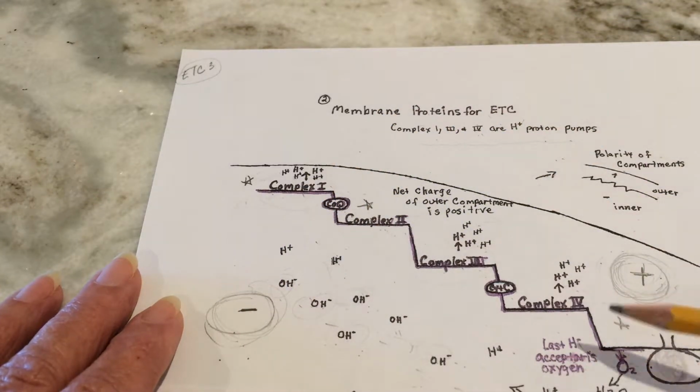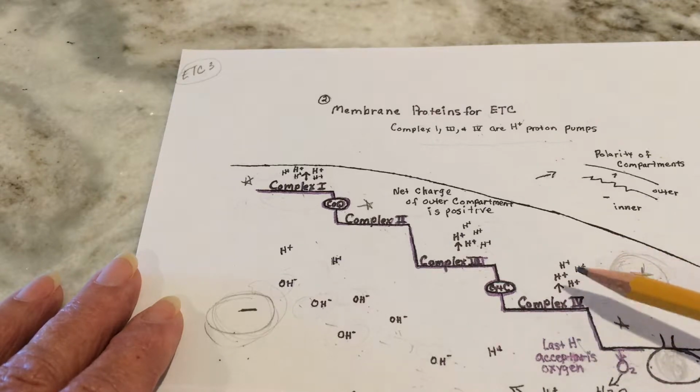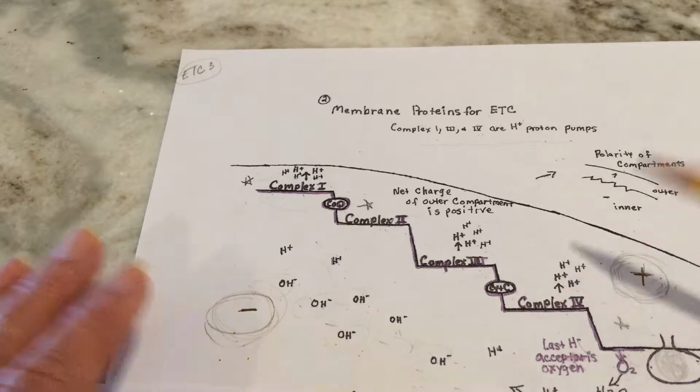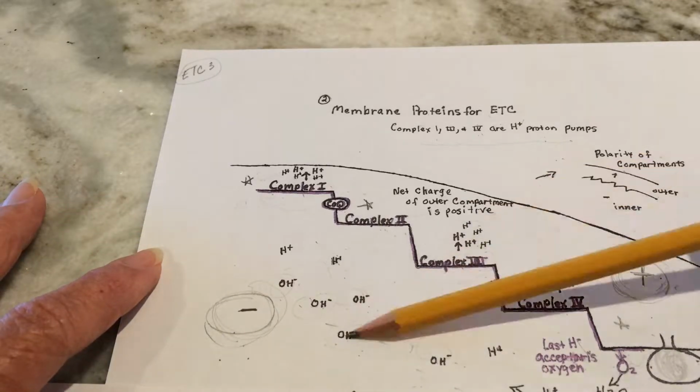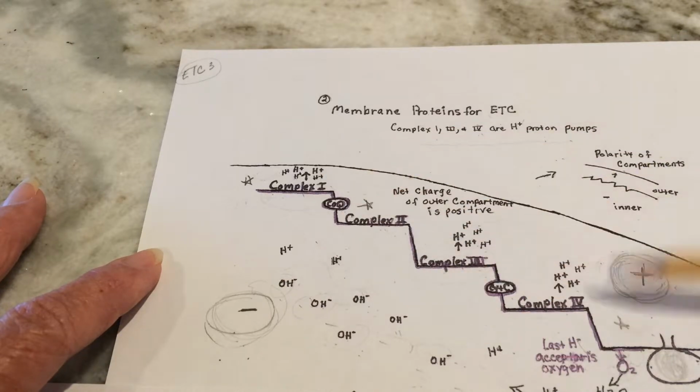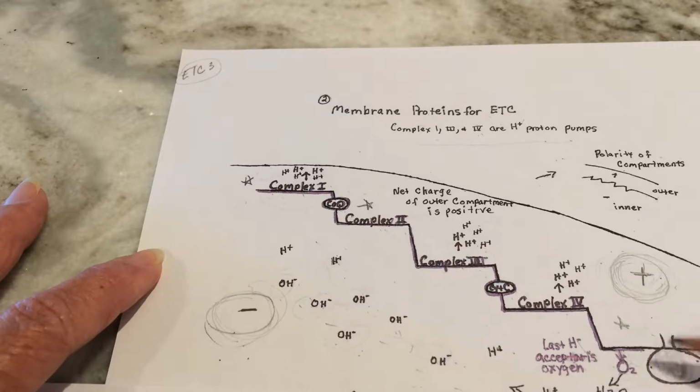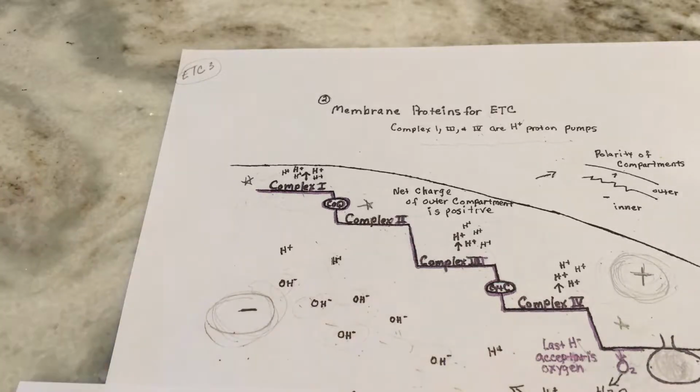So this creates kind of like a little battery here in the mitochondrion. Now, these hydrogen protons cannot pass through the crista except at one point, and that's right here in this little gateway that's called ATP synthase. And we'll see that on the next diagram.